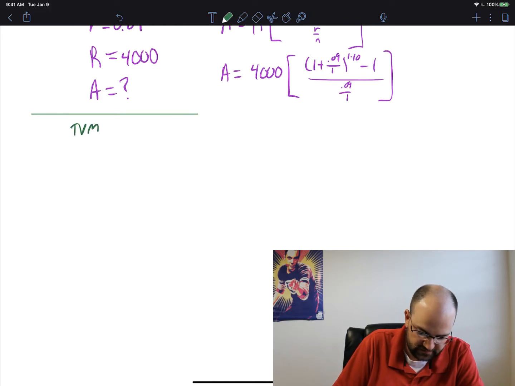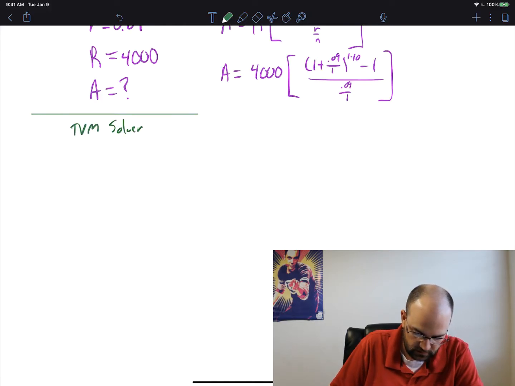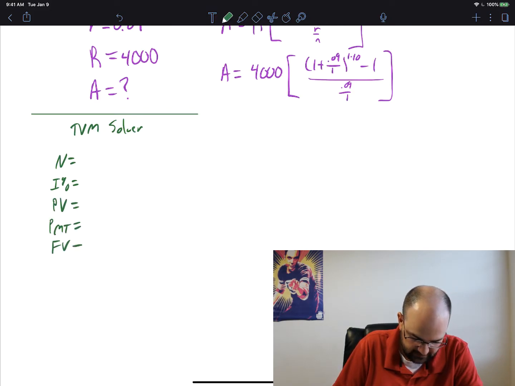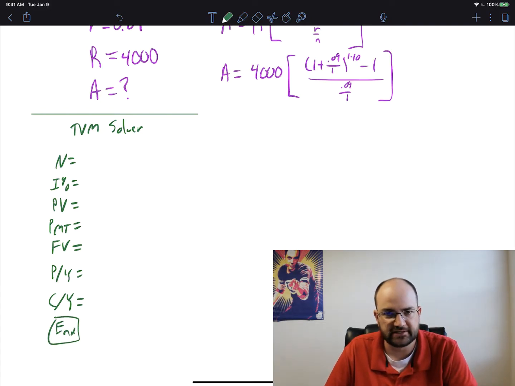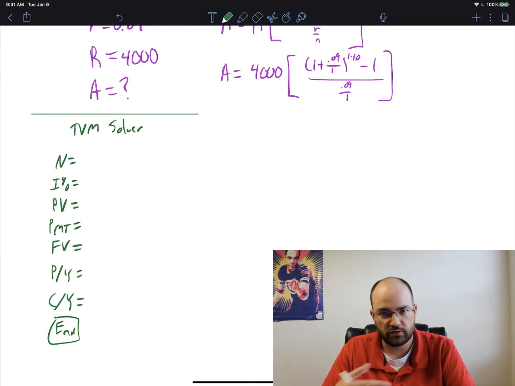For the TVM solver, remember what we have are N, I%, PV, PMT, FV, P/Y, C/Y, and for us, it should always be set to end, unless it says an annuity due, which means you have to make the first payment immediately.